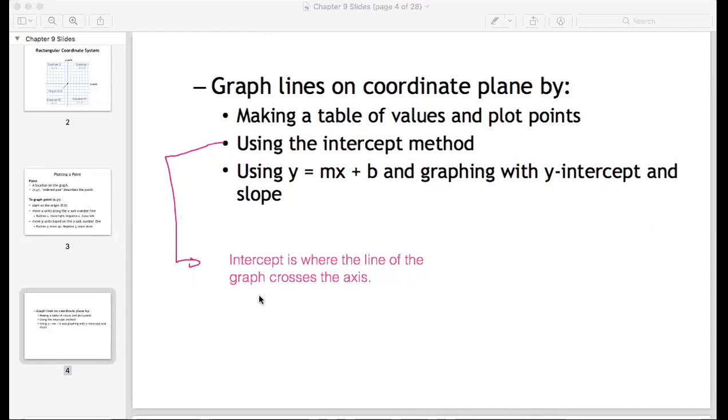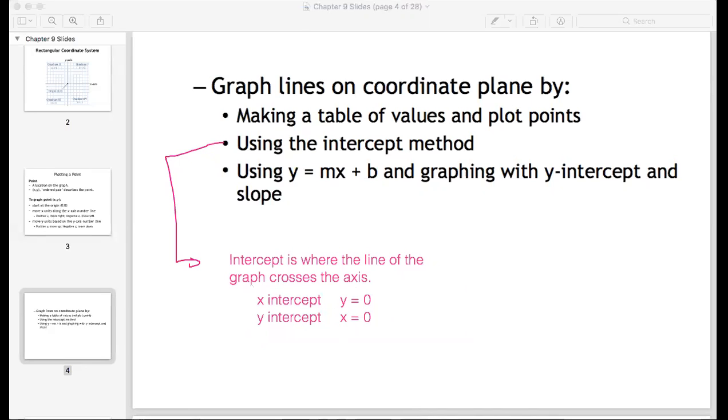Okay, so we have 2 intercepts. We have the x-intercept and we have the y-intercept. Okay, when we cross at the x-axis, we are saying that our y value has to equal 0. And when we cross at the y-axis, we have to say our x is equal to 0.